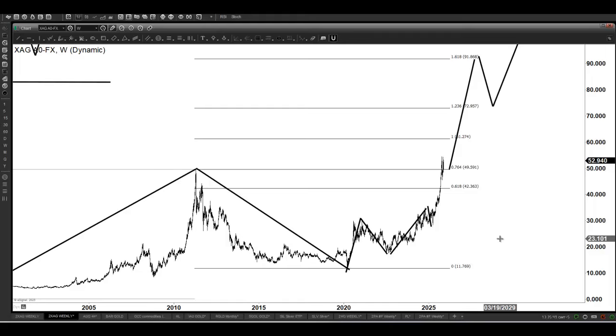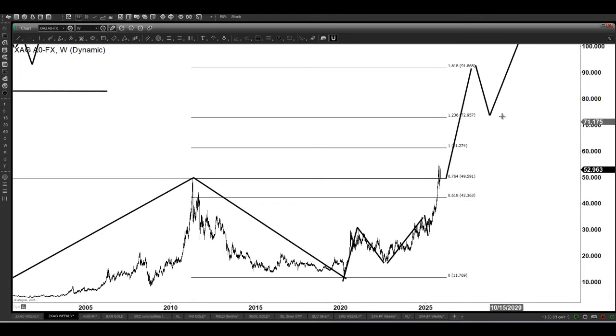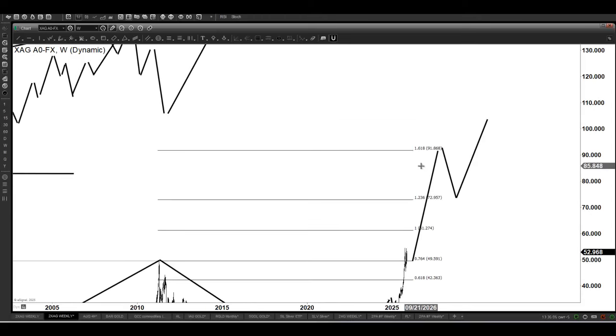At one moment, it will end the grand super cycle, but it still hasn't ended. So silver target is at 91.86. To end the grand super cycle should be around 110, more or less.